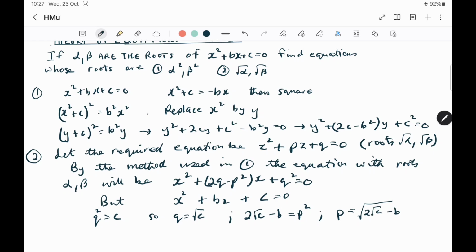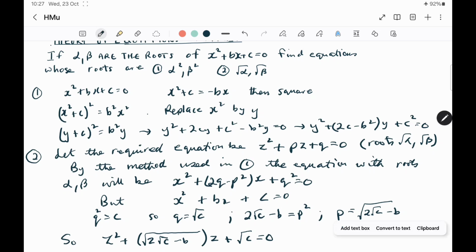And so we end up with the required equation, z squared plus square root 2 square root c minus b, z plus square root c equals 0.